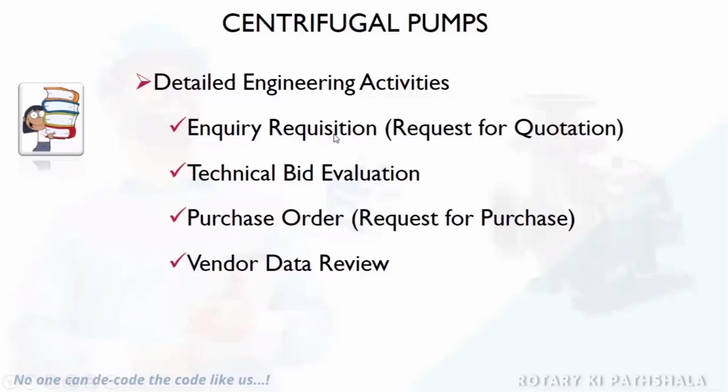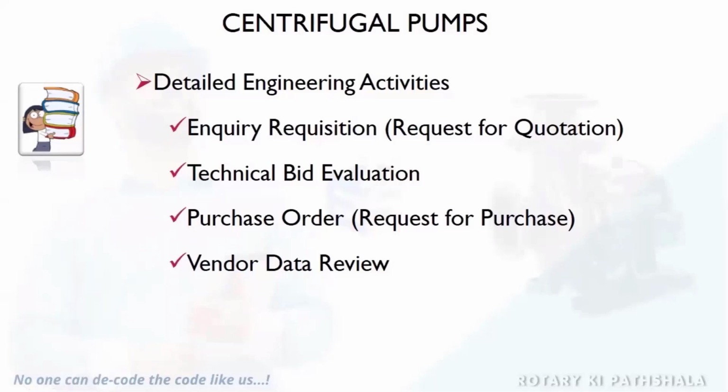Once you prepare this inquiry requisition, this inquiry will be floated into the market, and you will get the bids from the equipment vendors. Once the bid is received, what will you be doing? You will review the bids. You will raise certain technical queries, because you will find that a bid is never complete or technically correct, since many times vendors give their standard documentation.